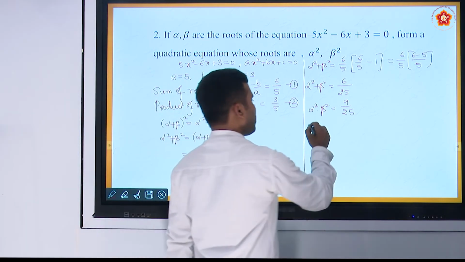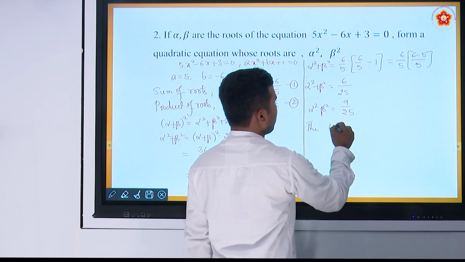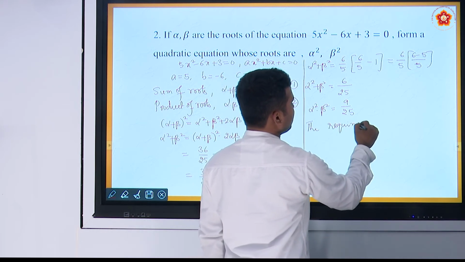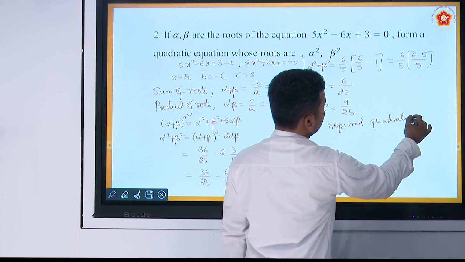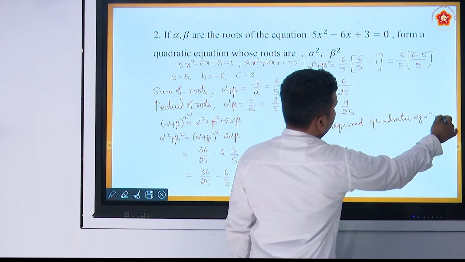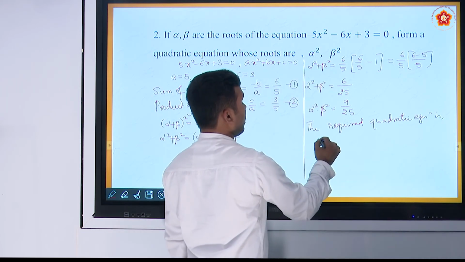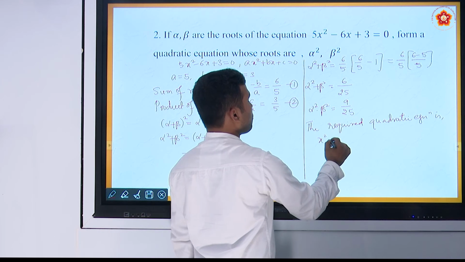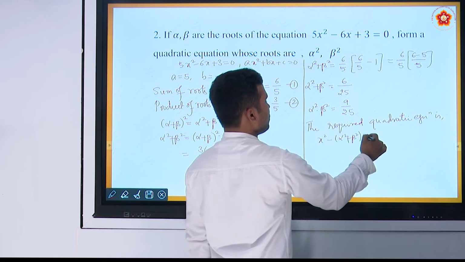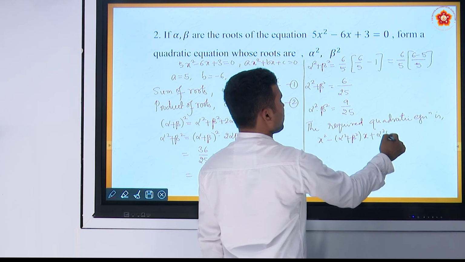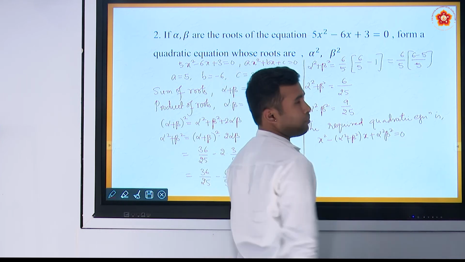So now the required quadratic equation is, what is that? x square minus alpha square plus beta square into x plus alpha square into beta square is equal to 0.